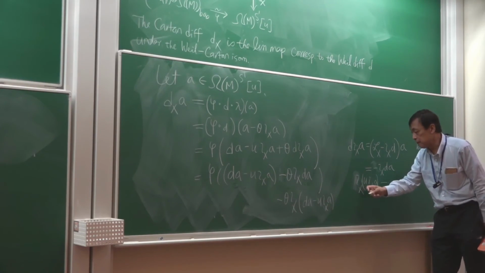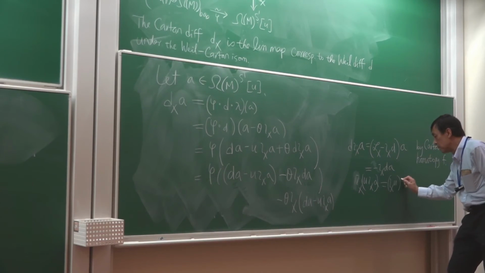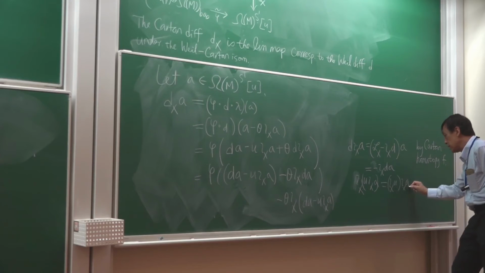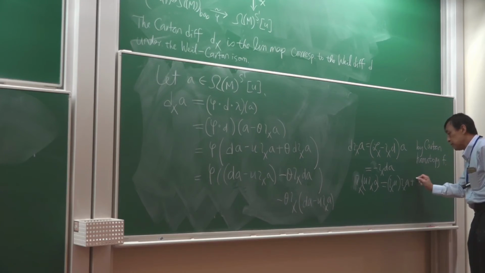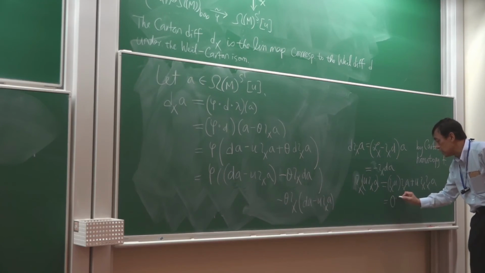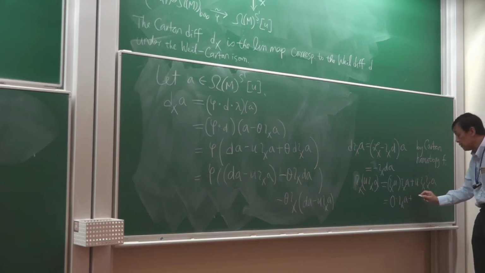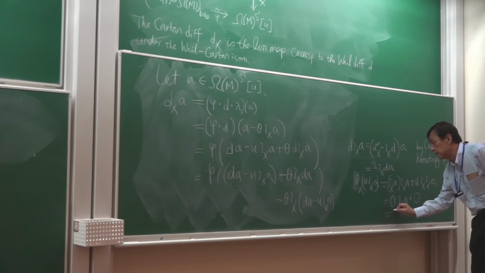Zero, because i_x is an antiderivation, so it's i_x U, i_x A plus U i_x i_x A. Now i_x U is 0, and i_x i_x is 0, so this is 0.